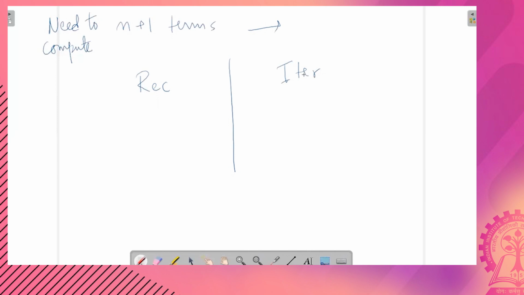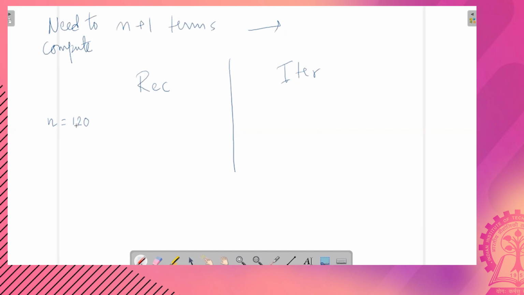Suppose you were to compute the Fibonacci number for n equals 120.